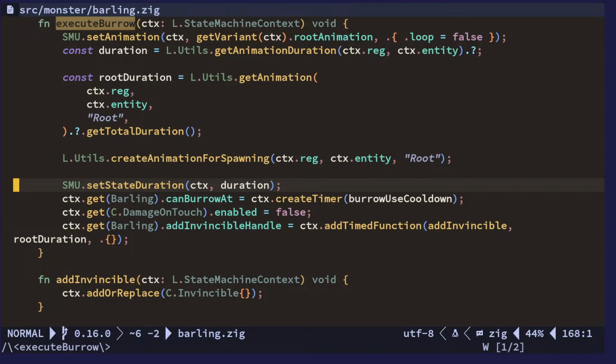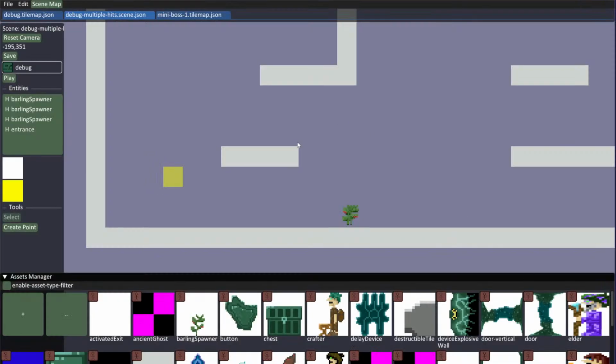So essentially there's two animations. There's one for particles, I believe, and then one for the monster. And the duration is the same. So I'm pretty sure that this duration and this duration is the same, but I'm not 100% sure on that. Let's actually double check that.